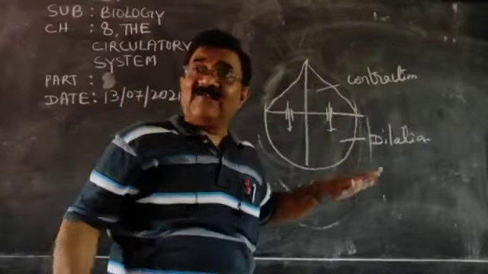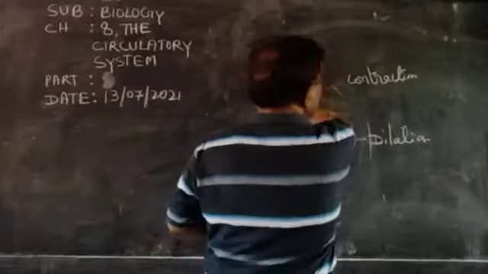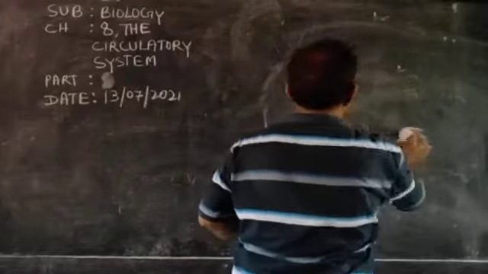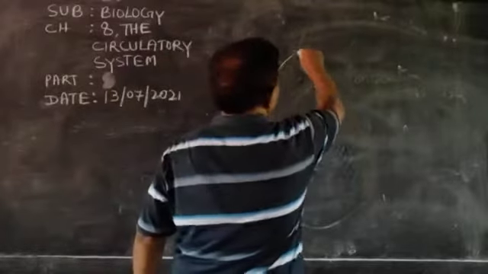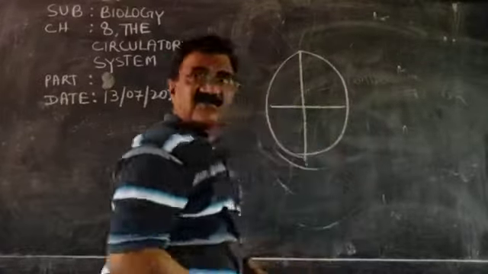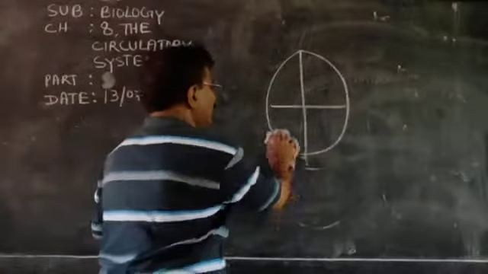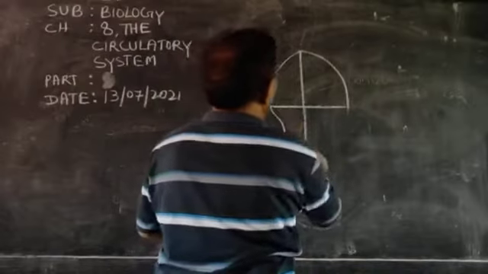Now second, when the ventricle will contract, let me change the position. The second time, in the human heart, the ventricles, the lower two chambers, will contract. When the lower two chambers contract, the position will become like this.